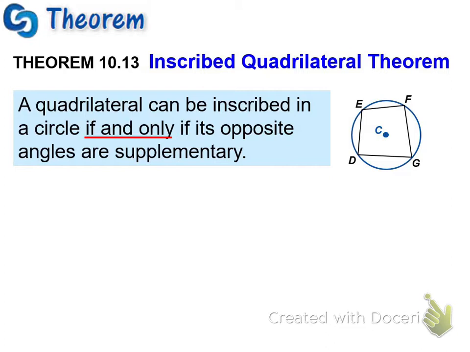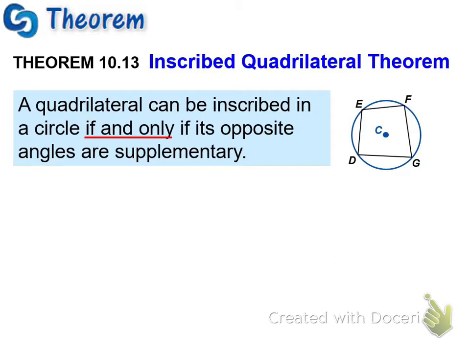It's inscribed if the opposite angles are supplementary. So you're going to write in that the opposite angles are supplementary. And then I would highlight that. The opposite angles are supplementary.